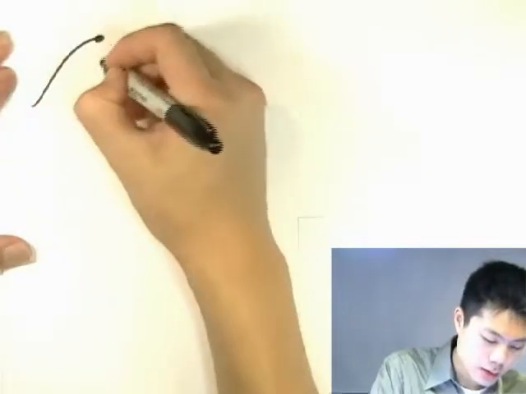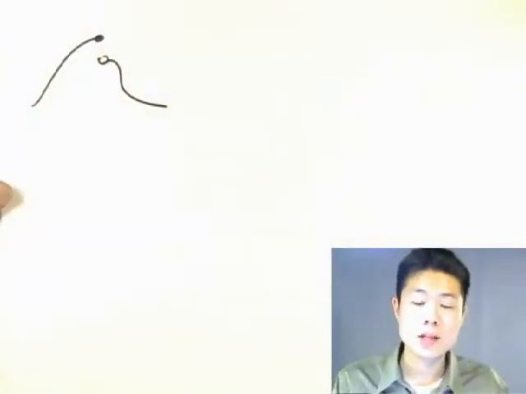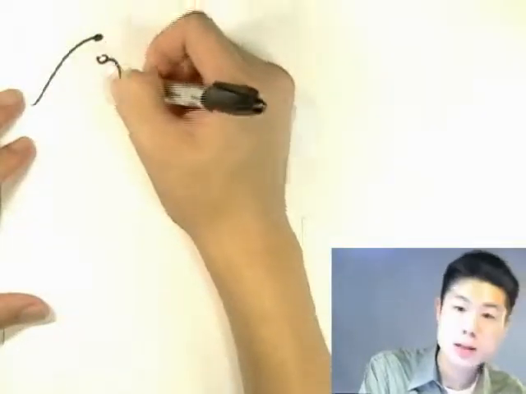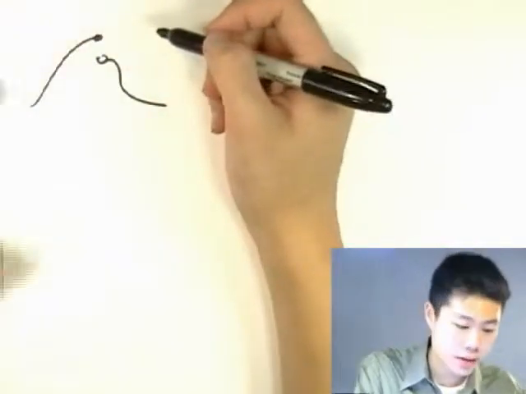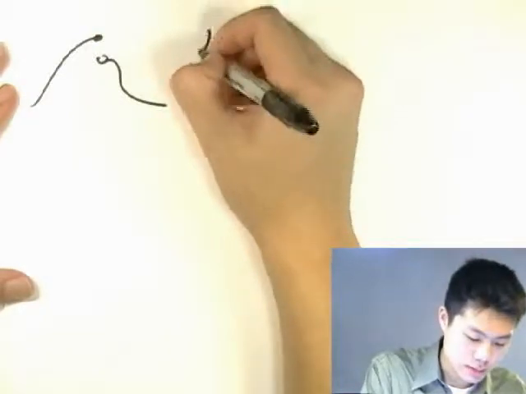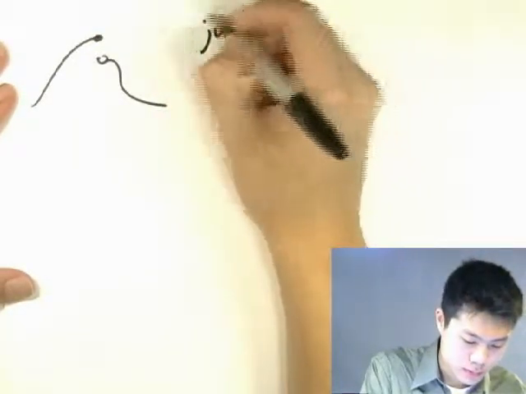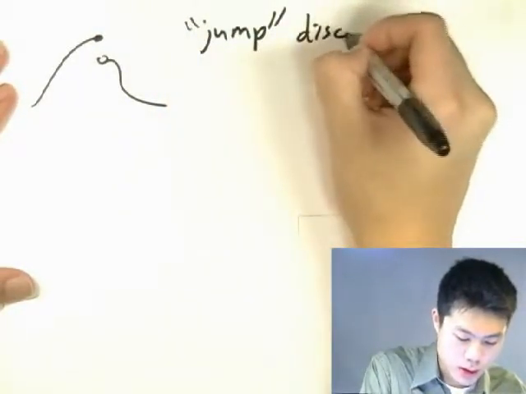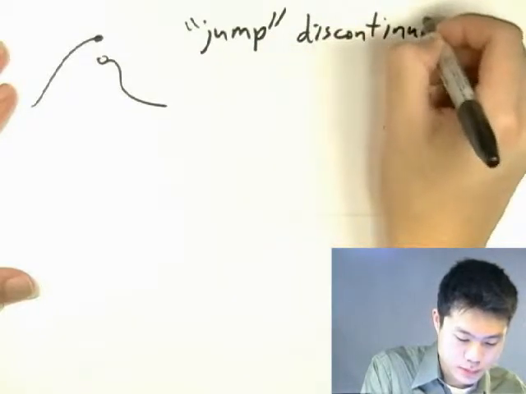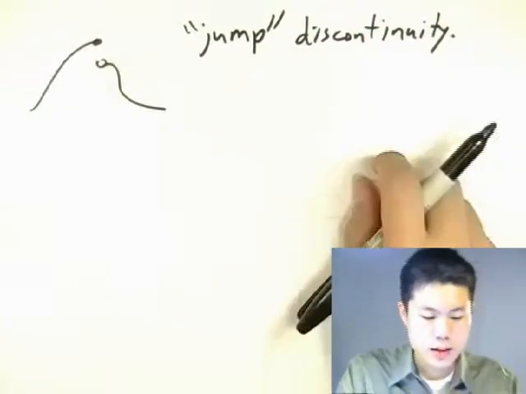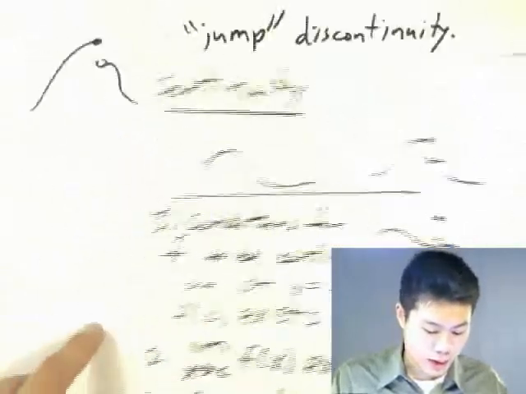The first one is called a jump discontinuity, because we see that there's a jump in the graph, there's a break in the graph there. Jump discontinuity, and why does this fail the continuity test? Well, does f of c exist?